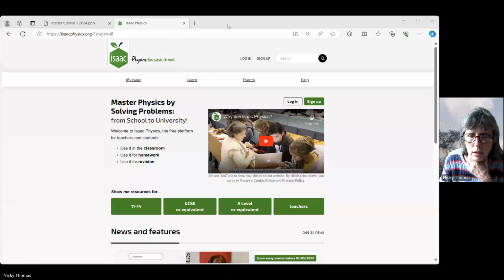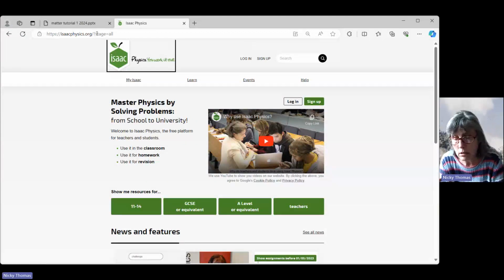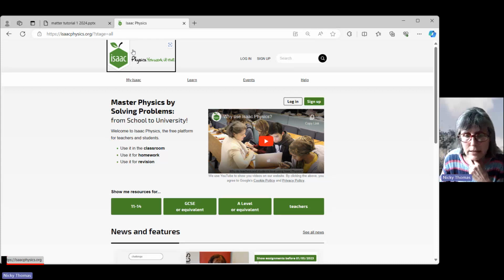So what do I want to do? I want to go to window. Okay. So this is the Isaac Physics website. If you just Google Isaac Physics or isaacphysics.org, in you go. And if ever you get lost on the website, just look for this hexagon in the top left-hand corner and you come back to this screen.